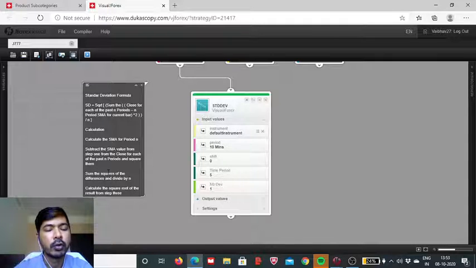First you have to square the difference and then take the sum of it, then divide by the number of periods, and finally take the square root of that. So that's how it is done.